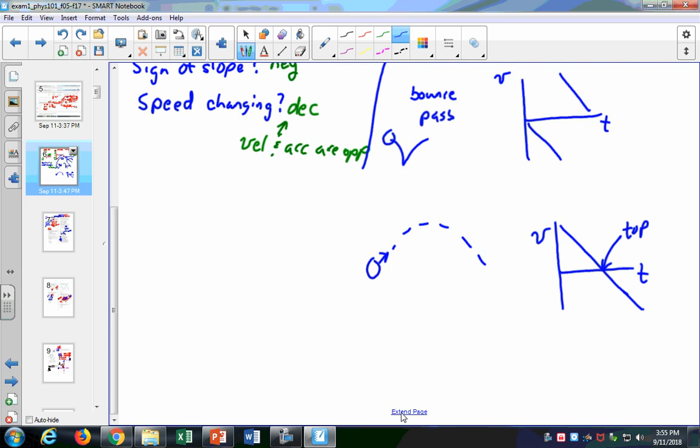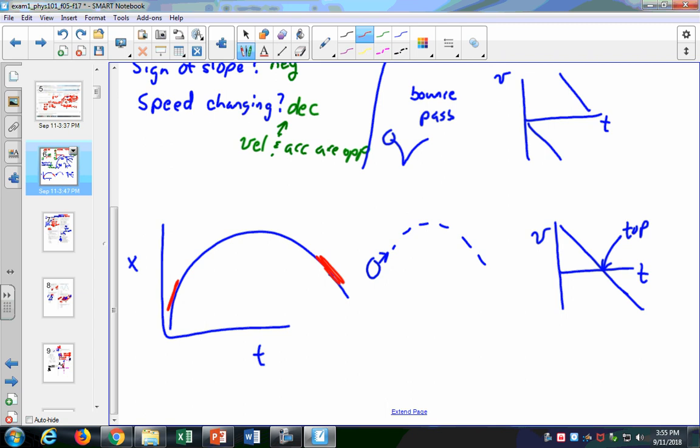Yeah, you can have that, right? Say I had a position versus time, x versus t, and it looks like this. Here I have a positive slope. Here I have a negative slope. That's just like, Morgan, you ready? That's that, right?